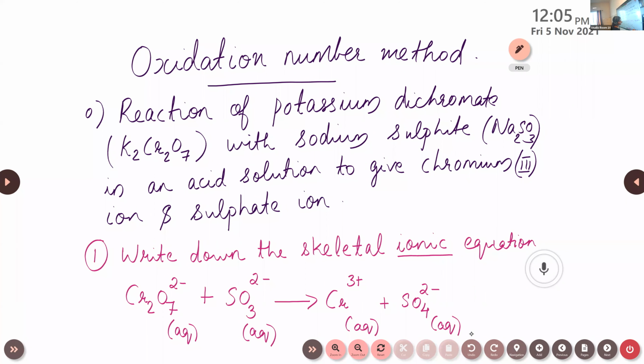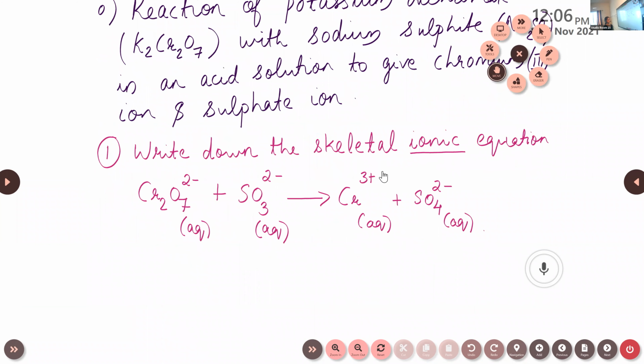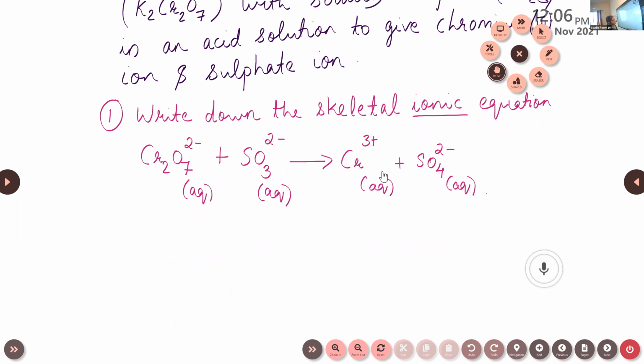So this is the skeletal ionic equation of this particular chemical reaction: Cr2O7 2 minus plus SO3 2 minus gives Cr3 plus plus SO4 2 minus. This is clear? Do you have any doubt in the first step?